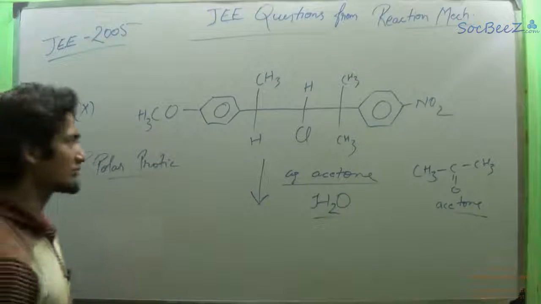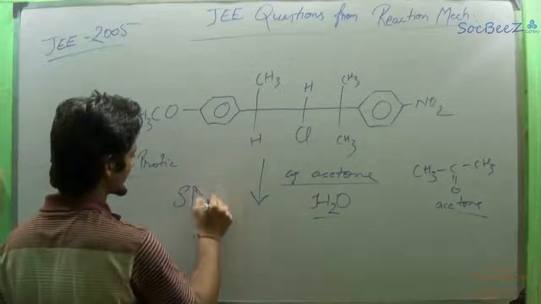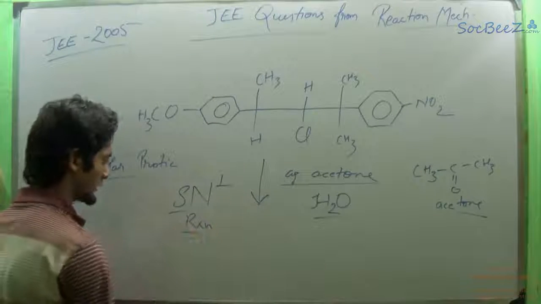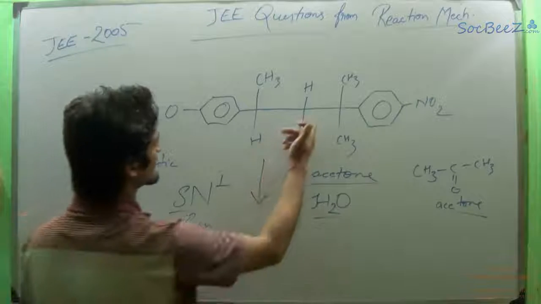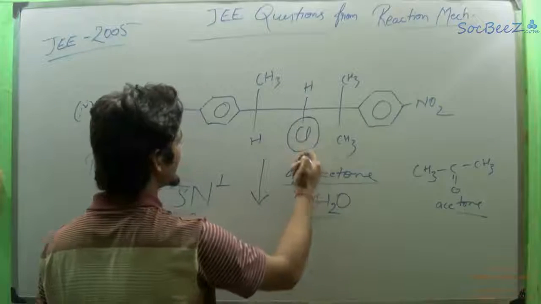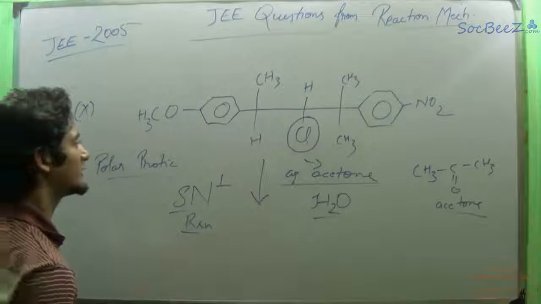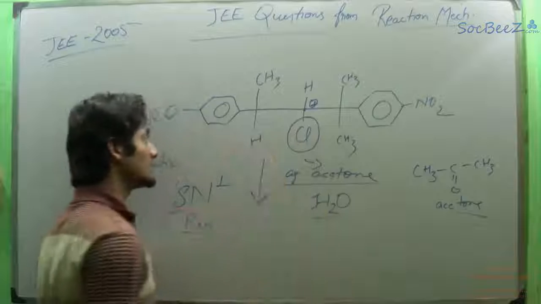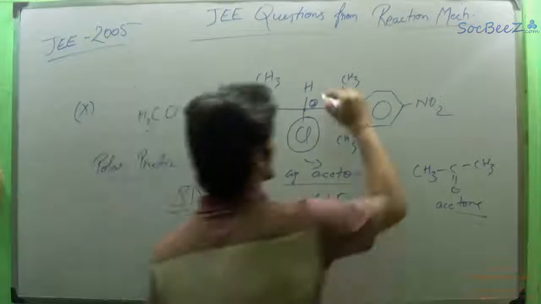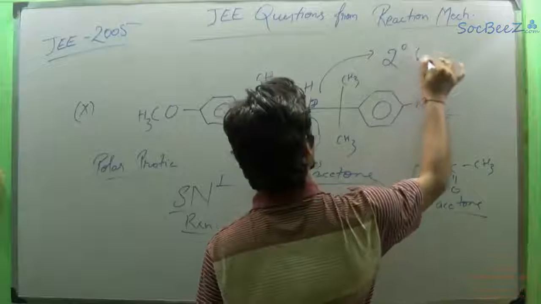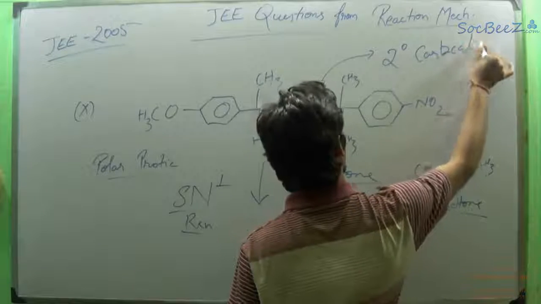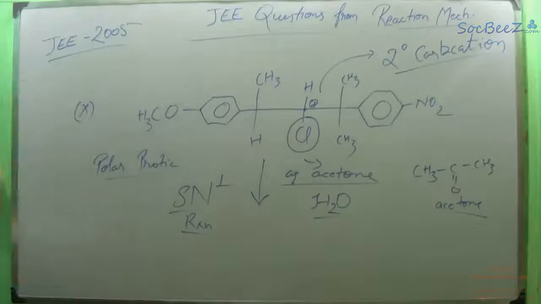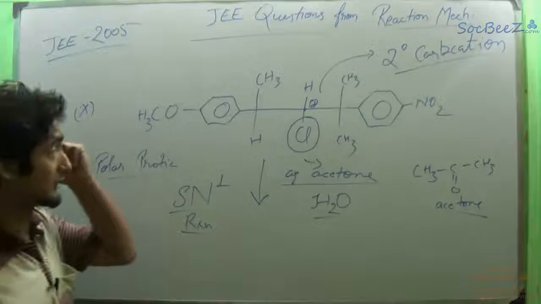Now in a polar protic situation, generally SN1 reaction is preferred. So what can happen is this Cl will be eliminated, giving a positive charge here, that is a carbocation is formed at this carbon. Now as you can clearly see, it's a 2-degree carbocation, and we already know that 2-degree carbocations are generally not stable. So we have to shift this carbocation.